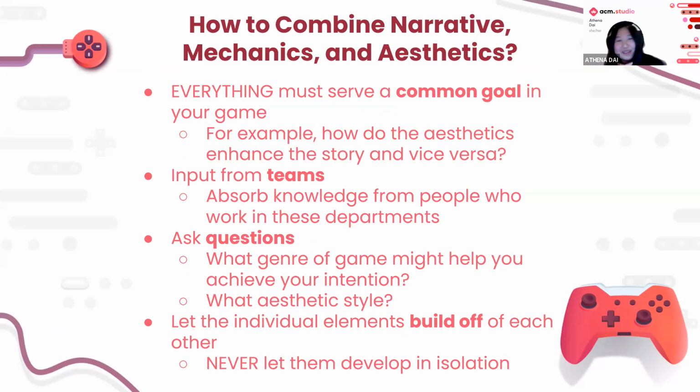How do you combine them in the end? And I think combining them is very much a thought process rather than physically connecting a bunch of nodes and puzzle pieces. It's again, keeping in mind common goals, making sure you take input from your team. If somebody is like, oh, you can't really add this feasibly because we're going to have to refactor all of our code, maybe thinking about designing around that.